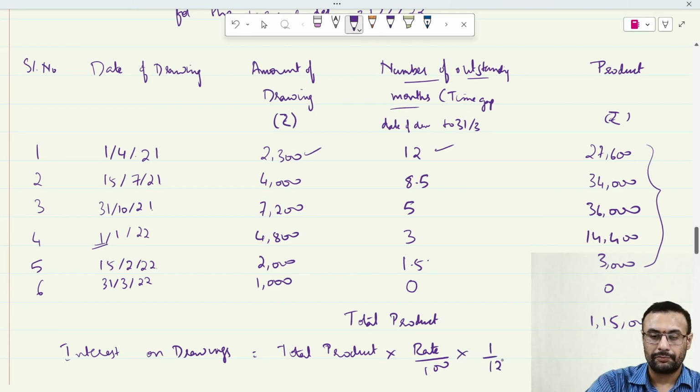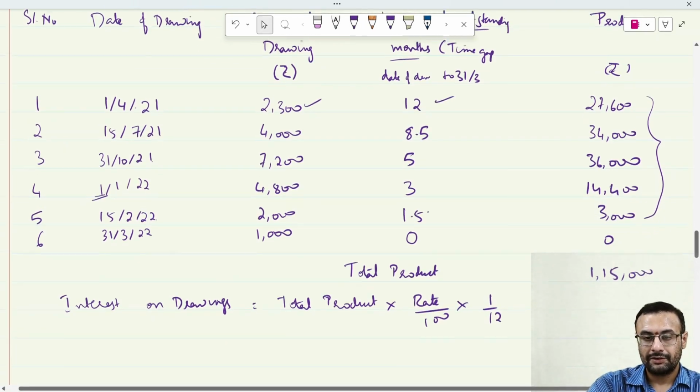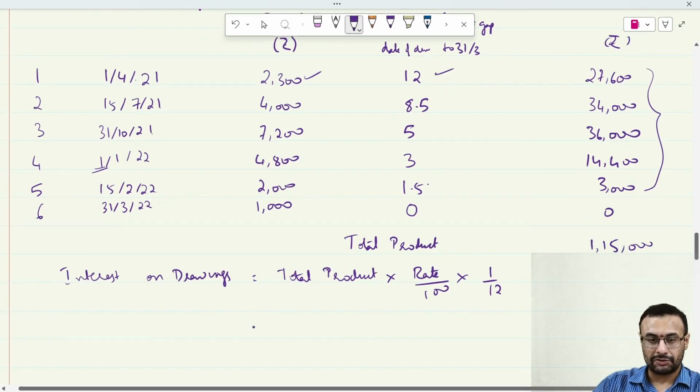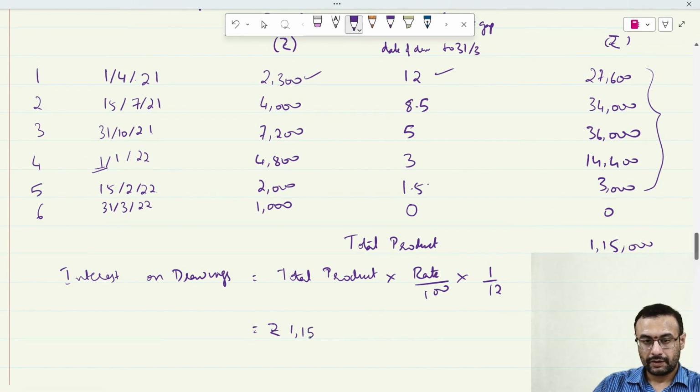Now what is the total product? We know the total product is 1,15,000. Let us start substituting. Rupees 1,15,000 into rate was 12%, 12 upon 100 into 1 by 12. For God's sake, don't simplify it off by cancelling like this. You please write the entire formula.